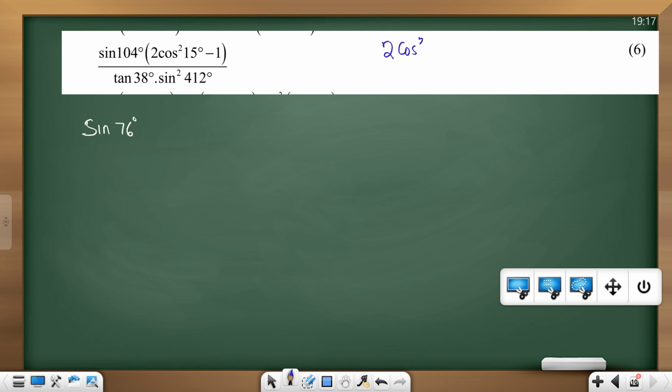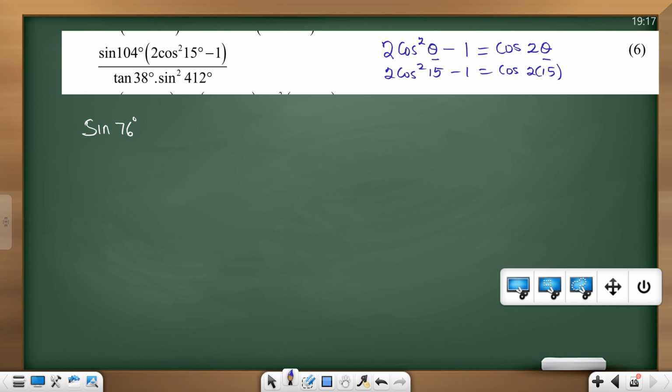2 cos squared. I think we've seen this before. That's why you need to be familiar with the formulas. We've seen that. What is it? Cos 2A, right? What do you notice? My theta. So if I replace this, what would I have?